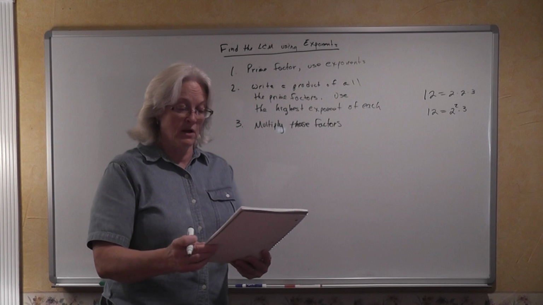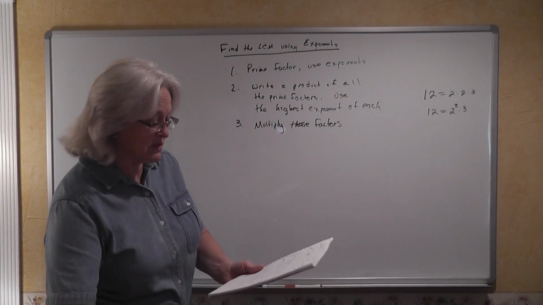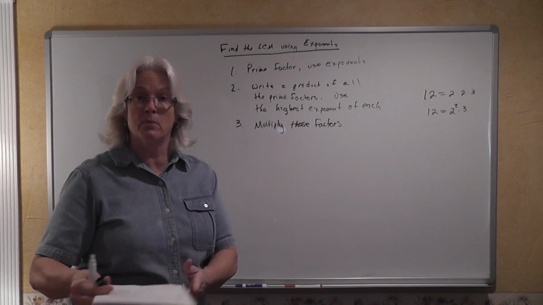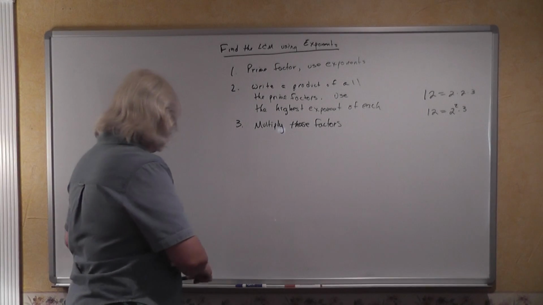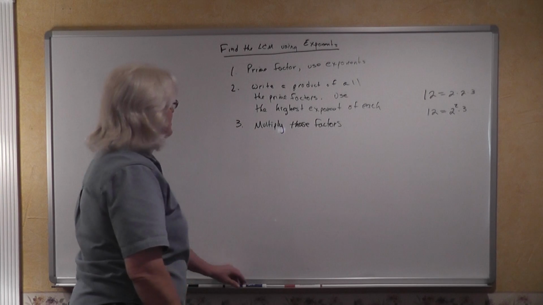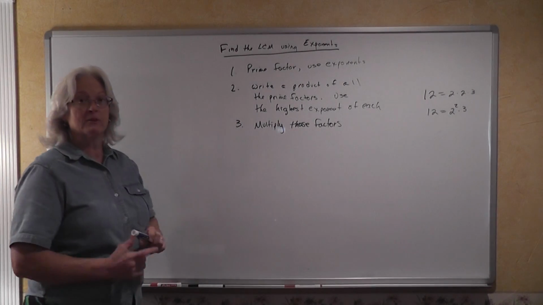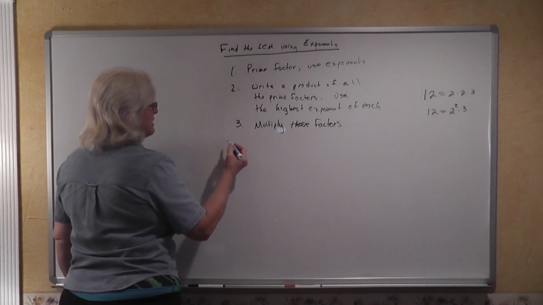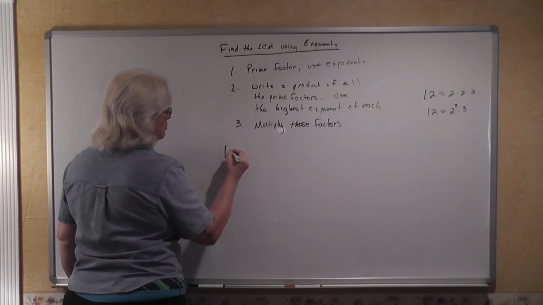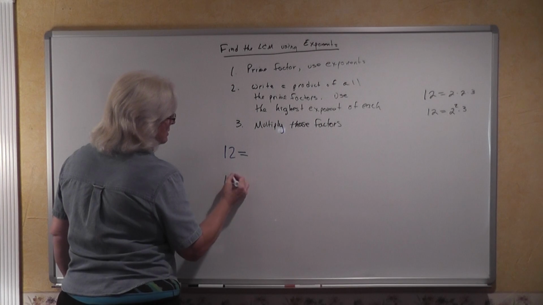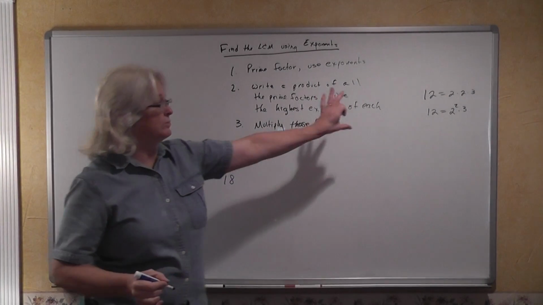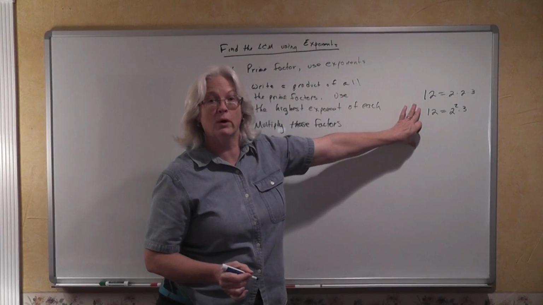It says, use prime factorization to find the least common multiple of 12 and 18. So what's the first thing that you have to do? You have to prime factor and use exponents. So we're going to say that 12 is equal to, and 18 is equal to. And I just prime factored 12 over here.